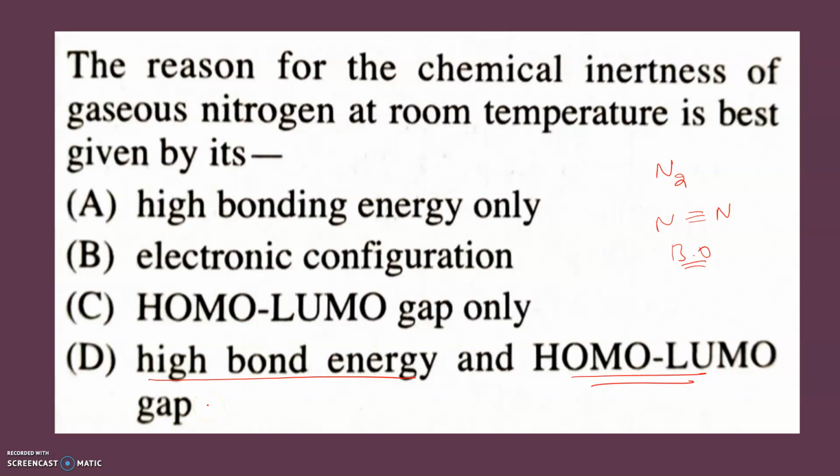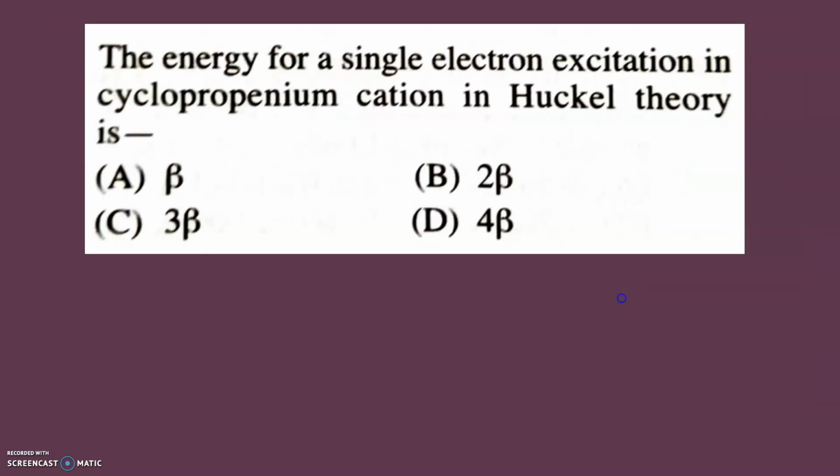When we have a large HOMO-LUMO gap, the molecule will be chemically inert. So the correct option for this question is option D. Since the bond order is 3, the nitrogen molecule has high bond energy. When the HOMO-LUMO gap is large, the molecule generally acts as inert. So the correct option is D.